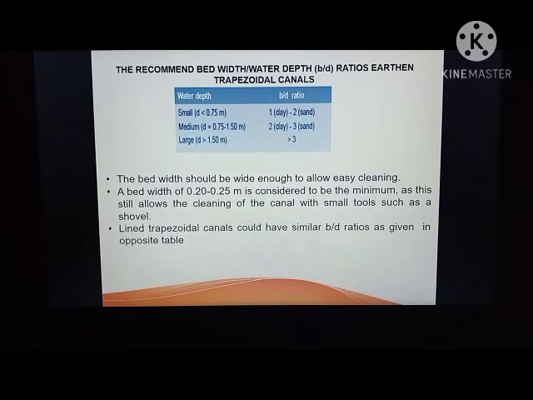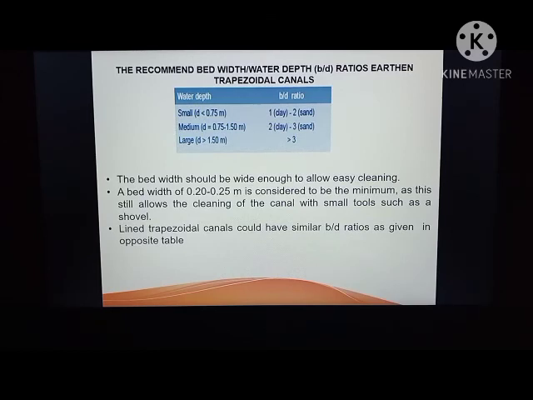The recommended bed width over water depth ratio for an earthen trapezoidal canal. We have water depths of small, medium, and large, and the bed width to depth ratio of 1 to 2, 2 to 3, and greater than 3.